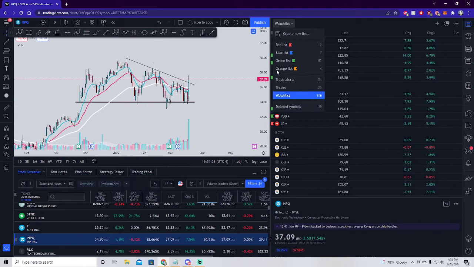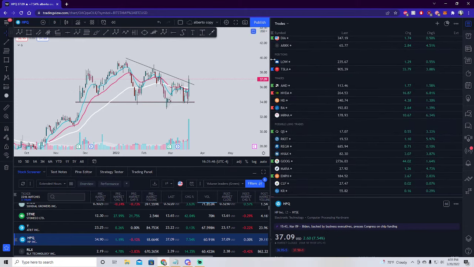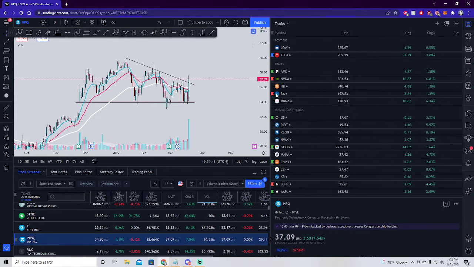And then at the end of the week or the end of the day, I'll compile a watchlist like this. So I'll have my possible long ideas, my possible short ideas, and then from there, depending on how the market is opening, I'm going to add these names to my trades list.